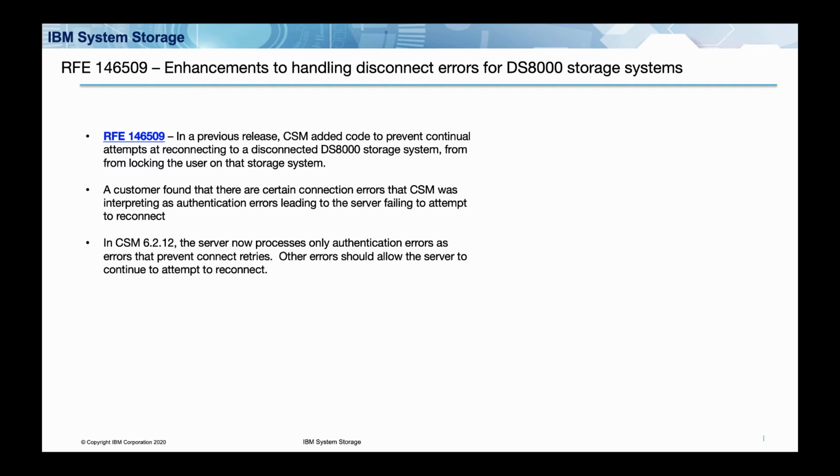Because if you try to reconnect too many times in a row right away, you end up locking the user on that system, and someone then has to go in and unlock the user, etc. So to prevent that, if it's an authentication error, say the password expired or someone changed the password, we won't lock up that user. We will prevent the reconnect attempts.